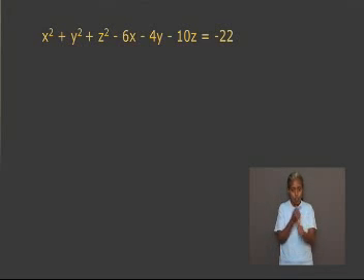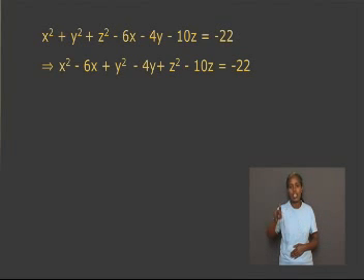Following our steps, the equation becomes x squared minus 6x plus y squared minus 4y plus z squared minus 10z equals negative 22.